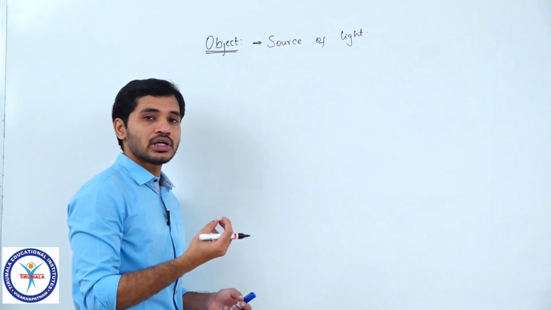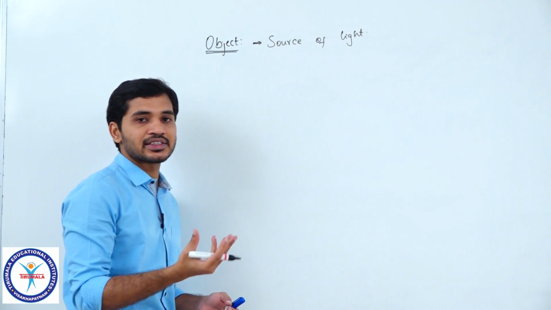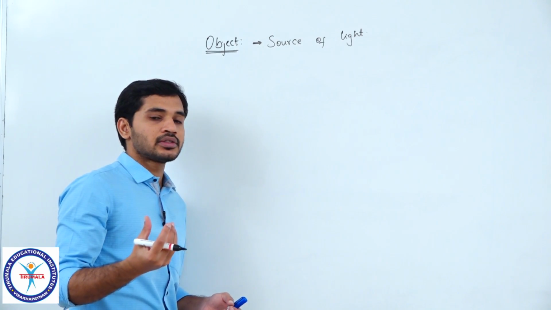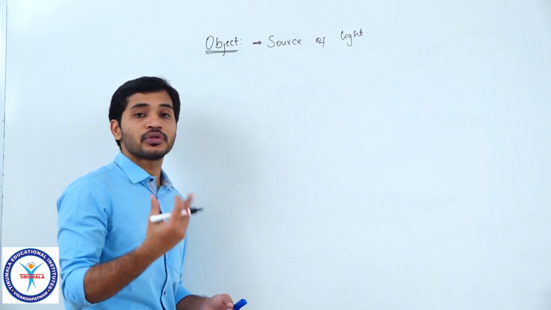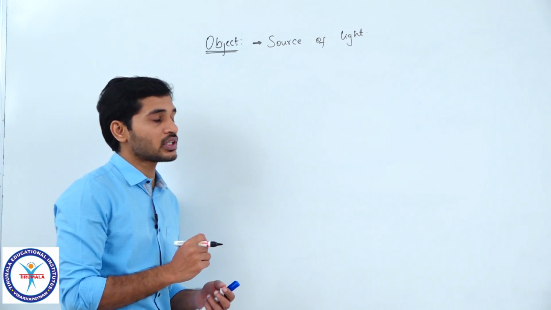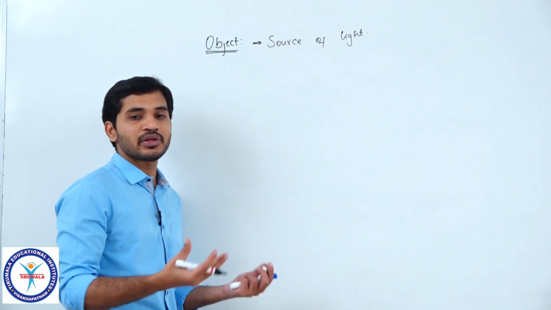It need not be a producer of light, it might not create light from itself, like let us say a light bulb. A light bulb produces light. Something which produces light can also be called an object, but the general definition is that light should come out of it. It can come in many ways.